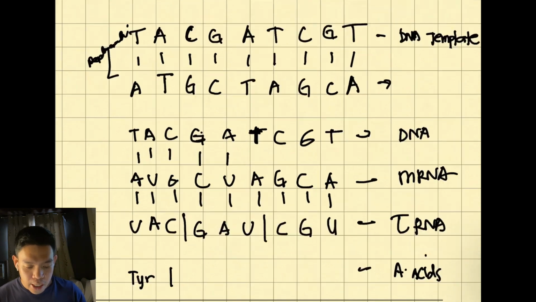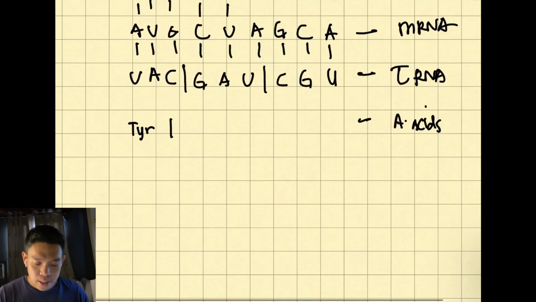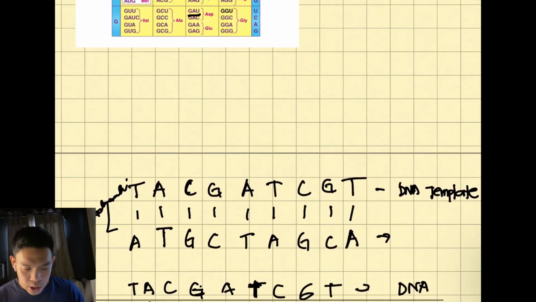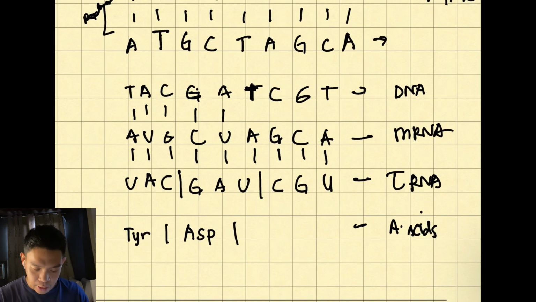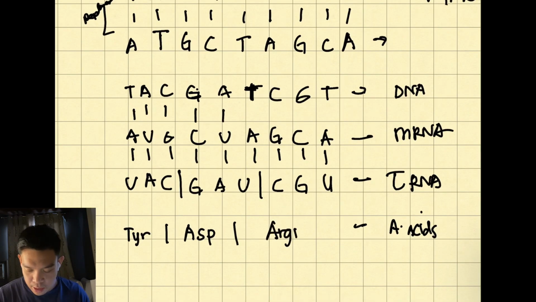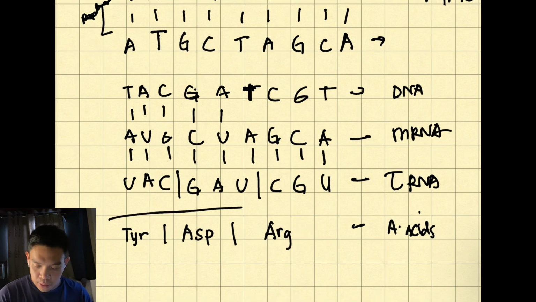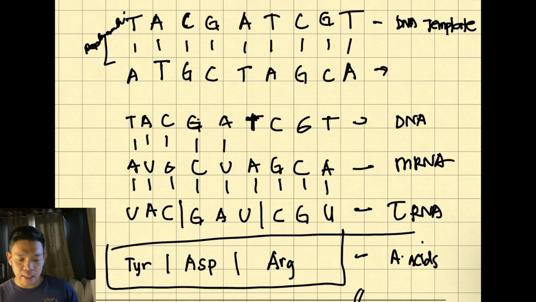Next, GAU, which is aspartic acid, or ASP. And we have CGU, which is arginine. This is the amino acids, the particular amino acids for the coded DNA template.